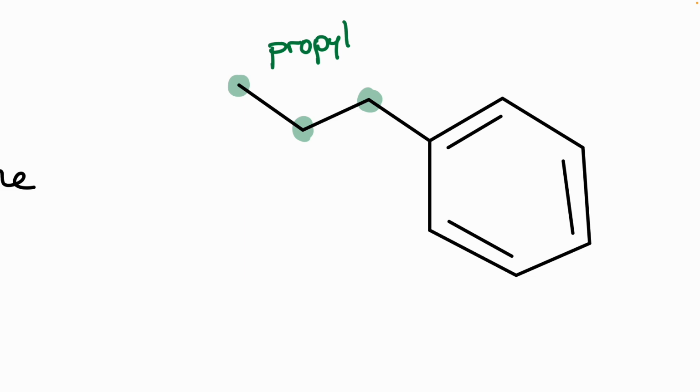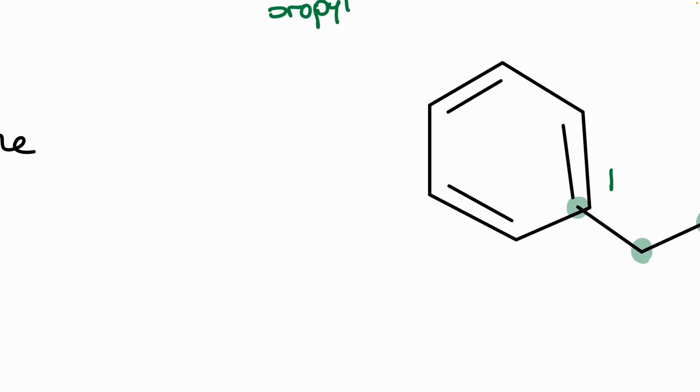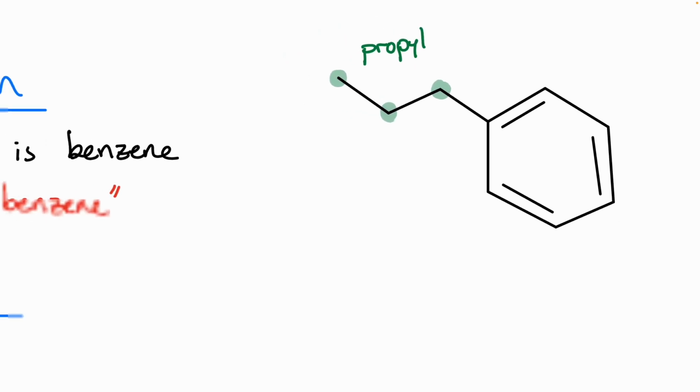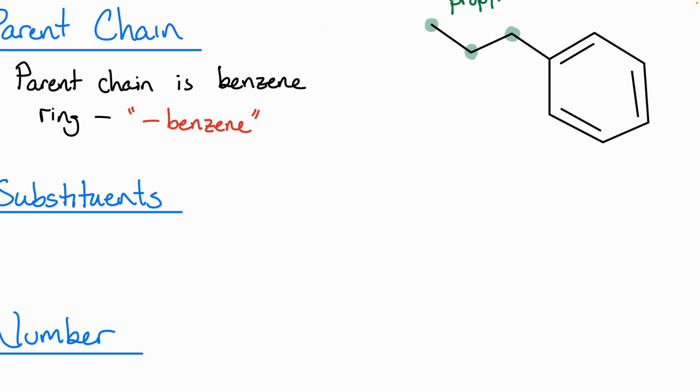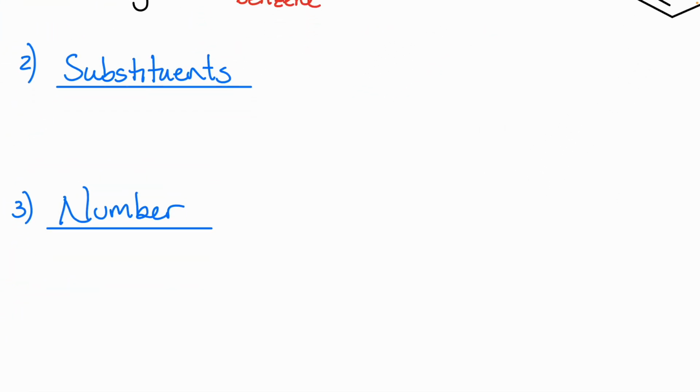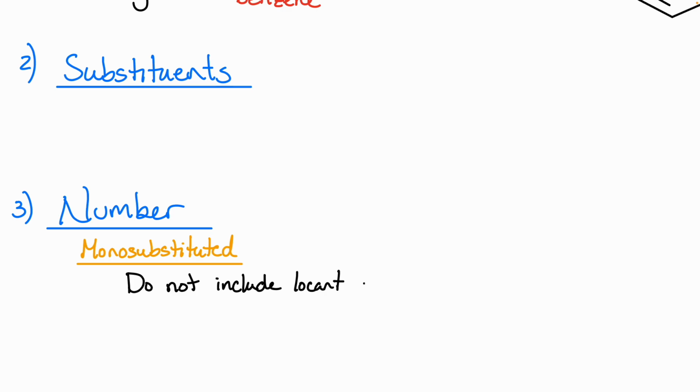If we pick this thing up and move it to the other side of the molecule, what are we going to call carbon 1? Wherever we moved it to, right? So if there's only one thing on that ring, we already know it's sitting at carbon 1, so we don't bother numbering it. These are what we call monosubstituted benzenes. We do not include the locant in the name.